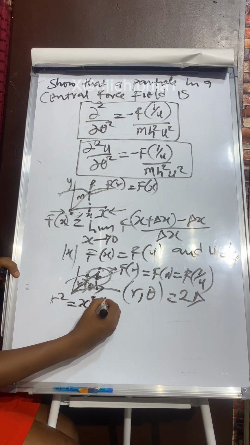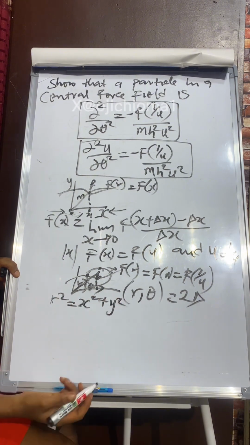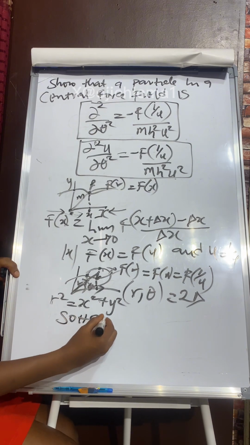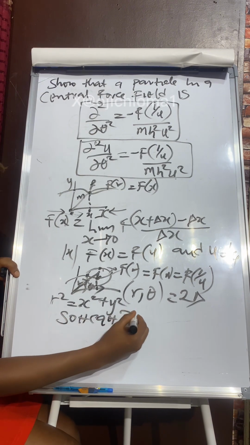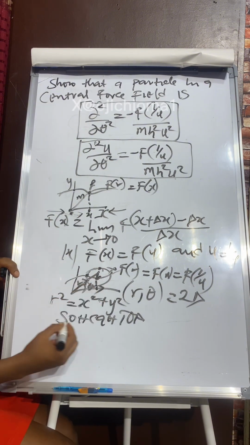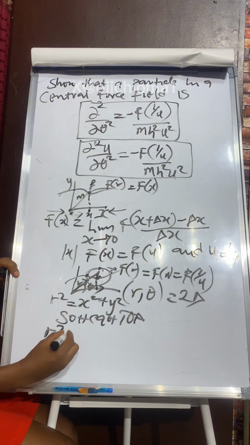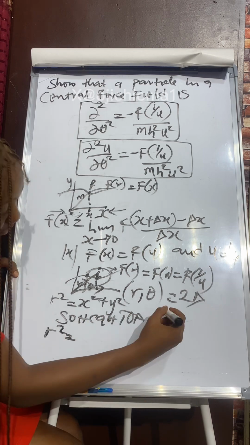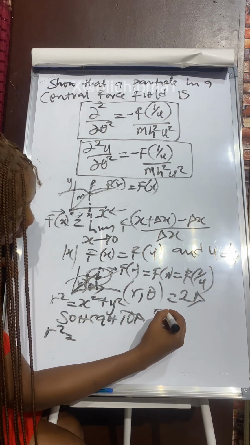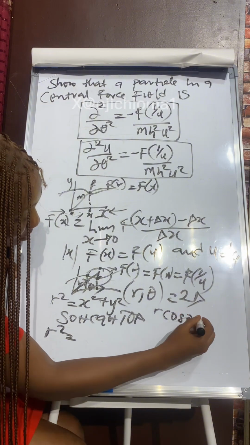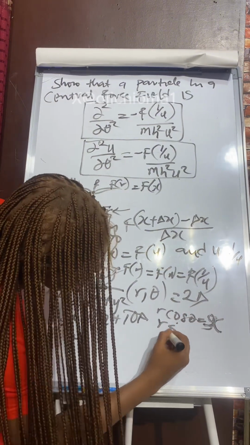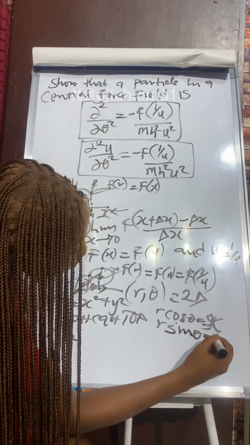So converting this to polar form, you have from Cartesian, you have r squared equal to x raised to power 2 plus y raised to power 2. But you know, from SOHCAHTOA, we have the conversions: r cos theta equals x, r sine theta equals y.